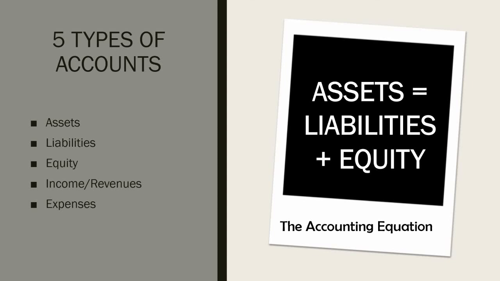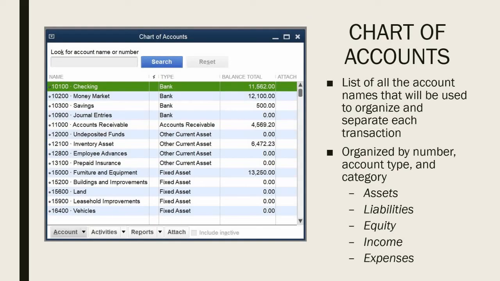It is only categorized by these 5 types. All right. You can organize your chart of accounts if you'd like to. If you want to have it alphabetically, you can. Okay, that's the cool thing about QuickBooks, you can make it the way that you want to see it.